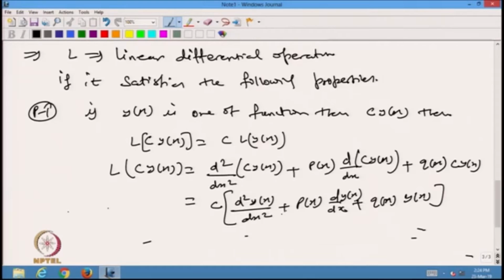This is again the same as C times L of y(x). So, the first property is satisfied.